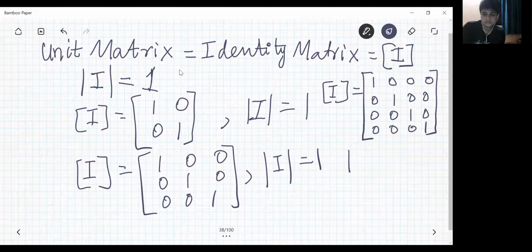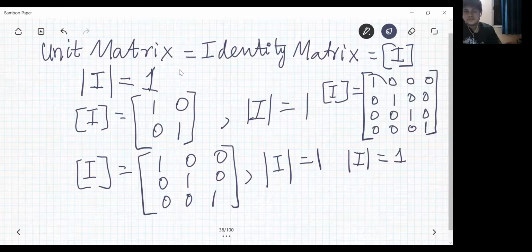In that case also, if you find the determinant, it will come as 1 only. So what is important is the numbers on the principal diagonal are 1, 1, and all others are zeros.